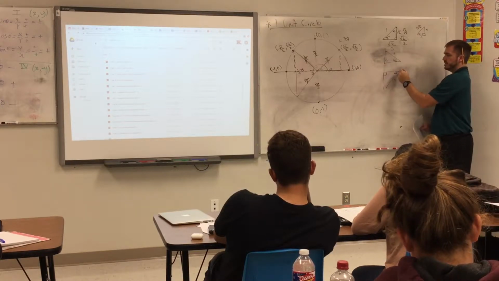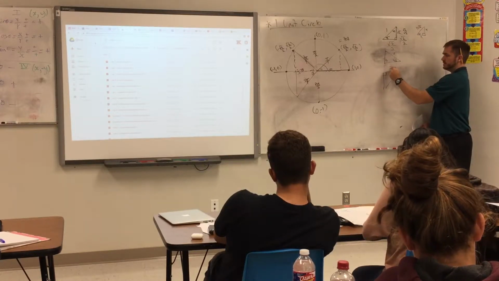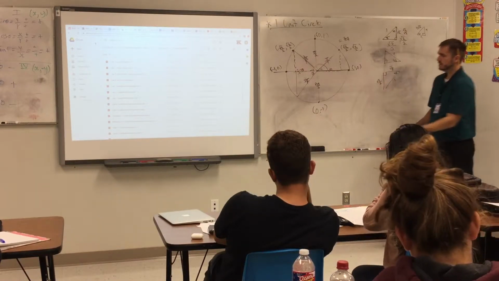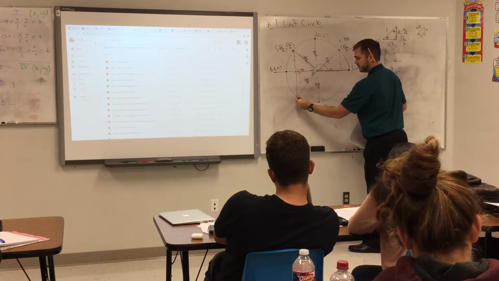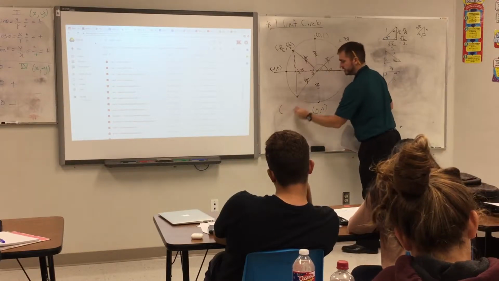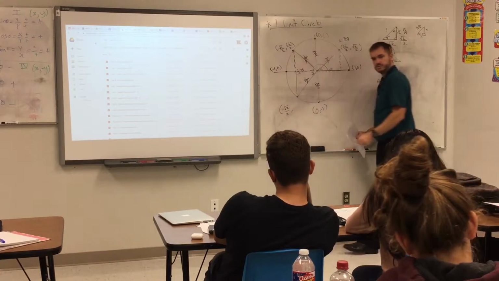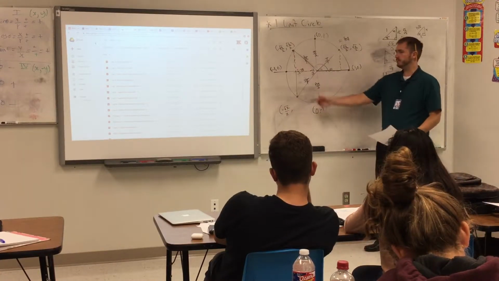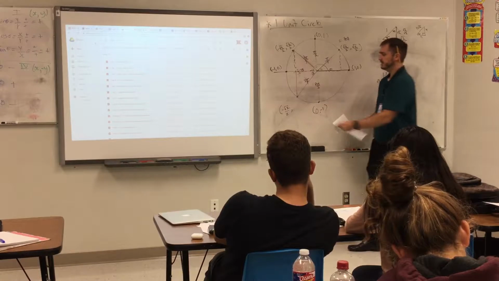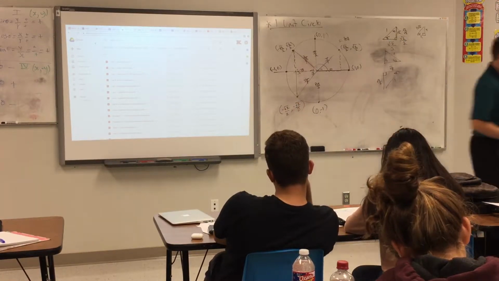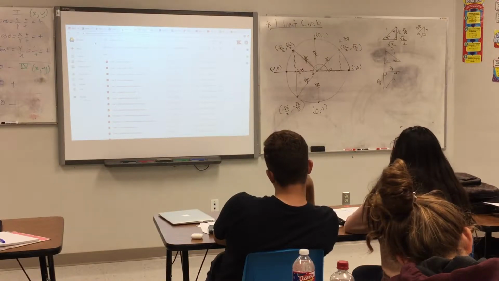So clearly, the horizontal leg is root 2 over 2, and this vertical is root 2 over 2. So this coordinate is negative root 2 over 2. And the y value, anybody want to make a guess? Negative root 2 over 2.